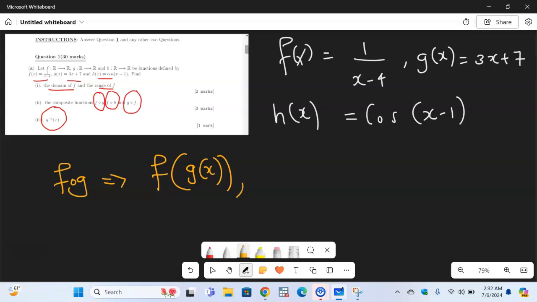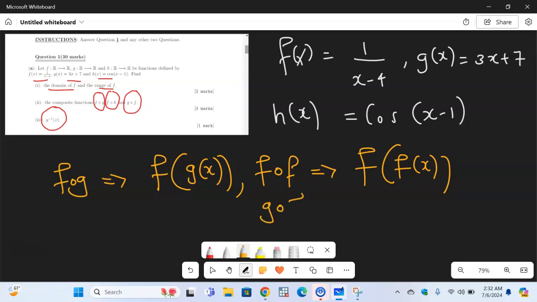This also means that f of f implies that where there's a function f of x, the x is f of x. That's what it means. Similar to g of f, it implies that it is g, and where there's x, you replace with f of x as a function in its entirety.